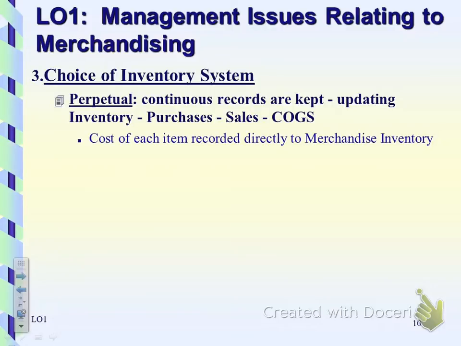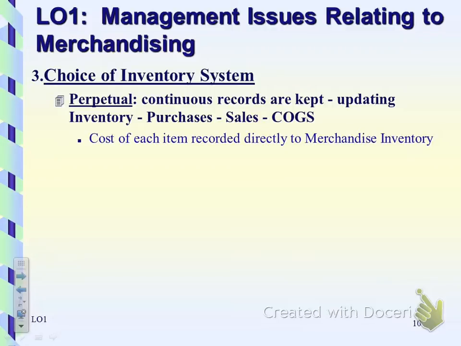This perpetual inventory system is really greatly enhanced by computers. Back in the day, it was much more difficult to manage your inventory on a perpetual basis, especially for a very large company, because it was very hard to know exactly what you had every moment of time.